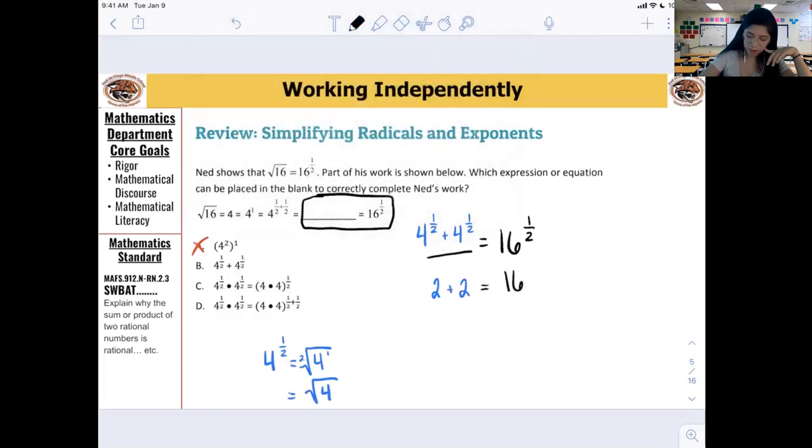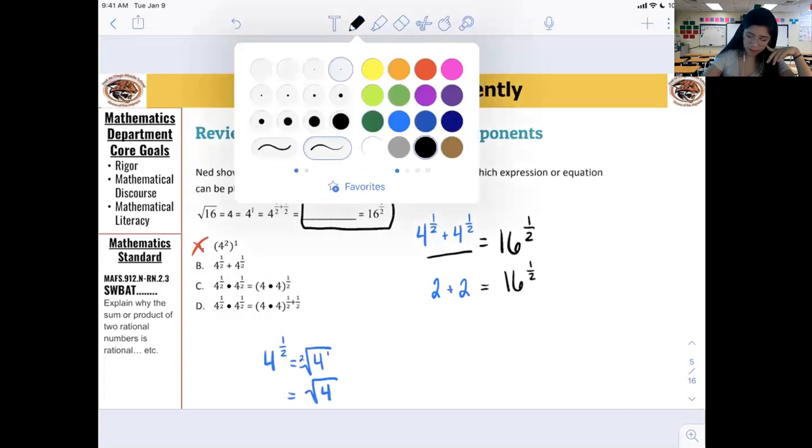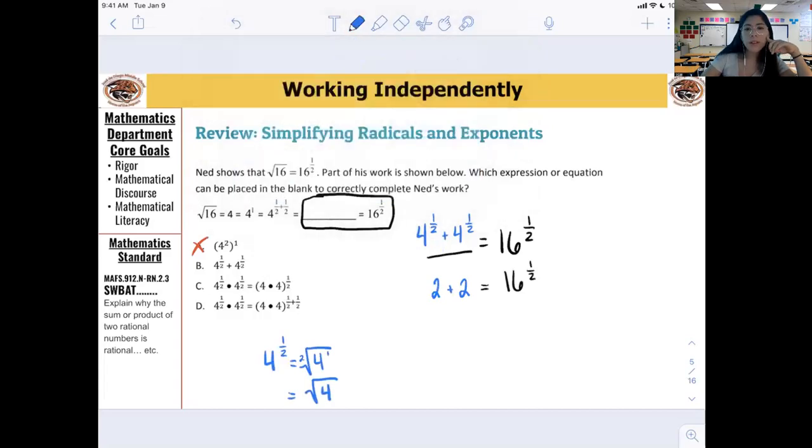So 2 plus 2 equals 16 to the power of 1/2. 2 plus 2 is 4. Okay, cool. And what about 16 to the power of 1/2? Can I rewrite that a different way? The square root of 16.